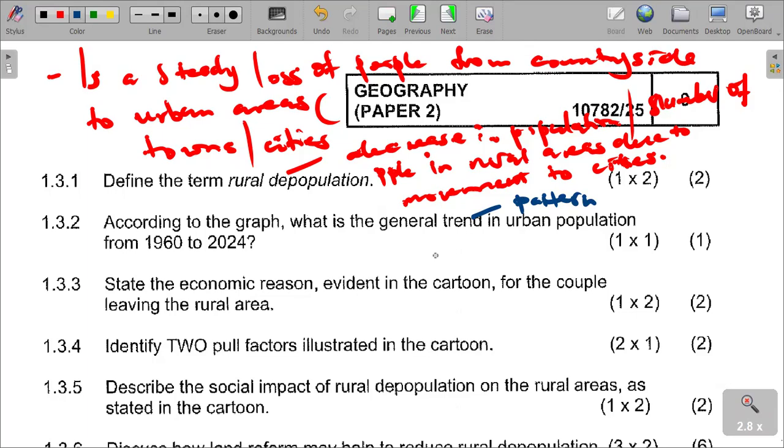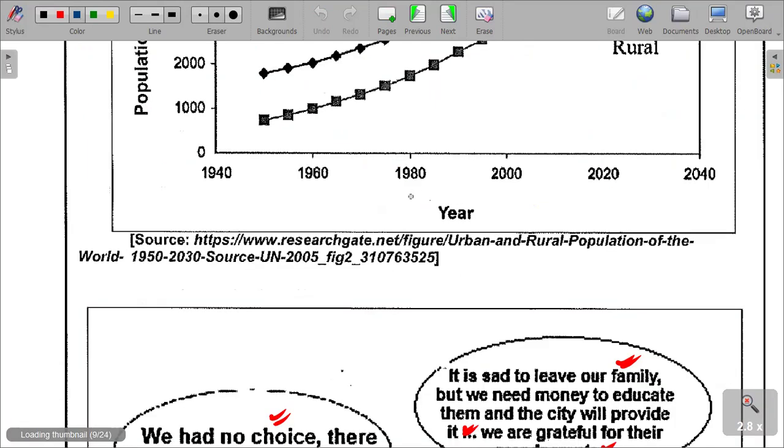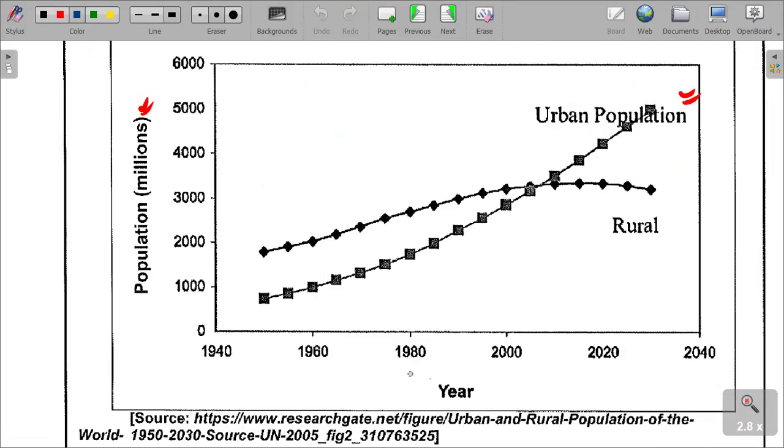We look at the graph from 1960. We are talking about the urban population.